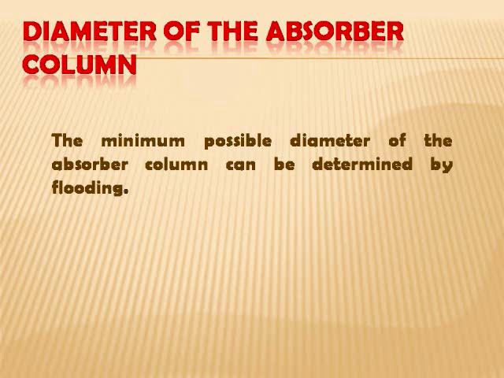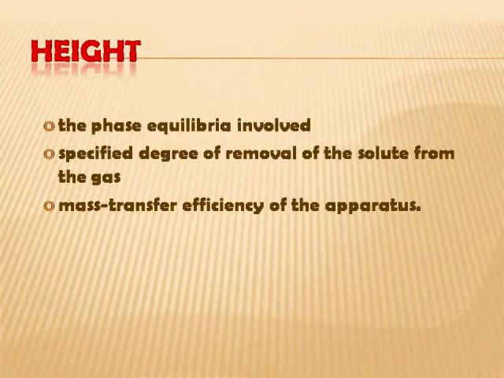For the column diameter, the minimum possible diameter of the absorber column is determined by the flooding. And usually, the design is for 60 to 80% of the flooding velocity.